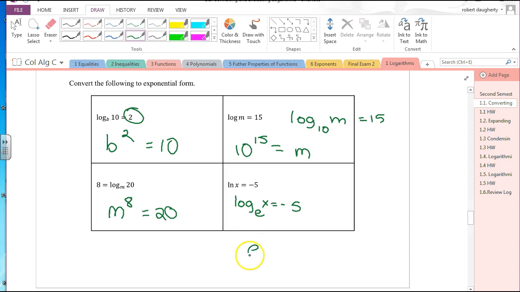E. Where's the exponent in this equation? -5. The exponent is always on the other side of the equal sign, all by itself. E to the -5 equal what? What's the only other thing I haven't written here? Come on, guys. X, okay? That's in exponential form, okay?